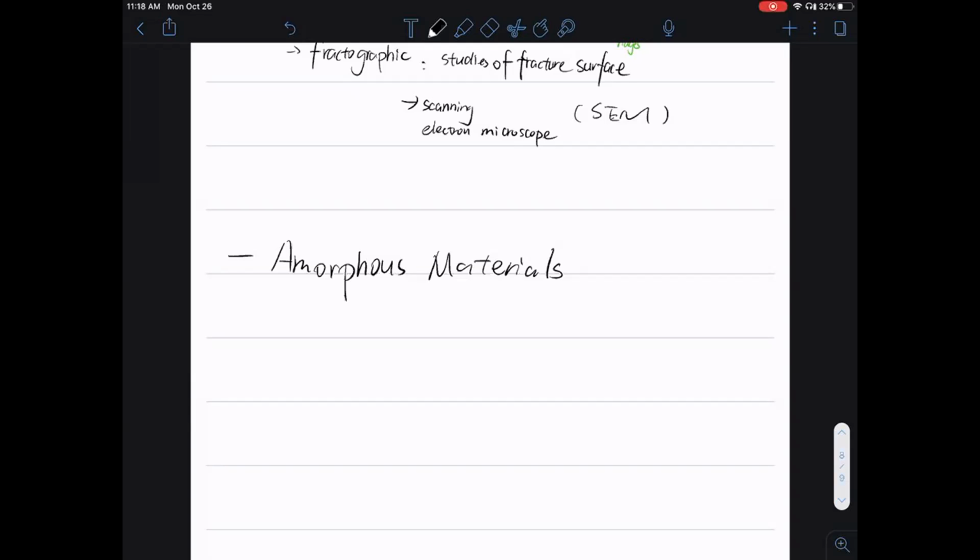It belongs to ceramic material, but glass doesn't have any crystal structure. So it's totally random and there's no pattern. It's a good example of amorphous material. Another example in this classroom would be most polymer or plastic materials. The tabletop, your pen, your pencils, those plastics, most likely they don't have crystal structure.